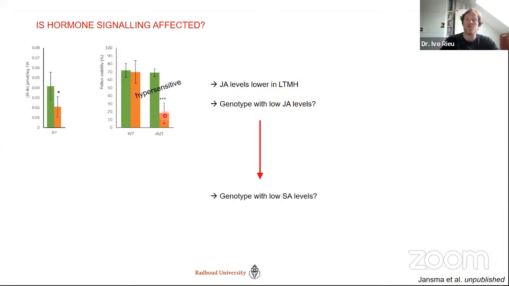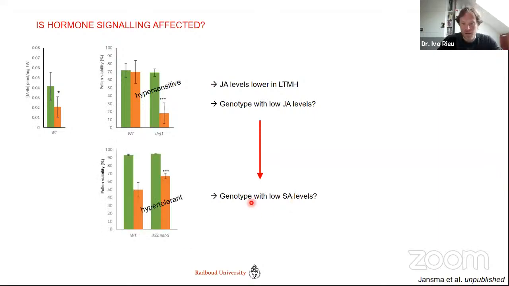So instead, we thought, well, maybe there are genotypes with higher jasmonic acid signals or levels, and we came up with this idea because it's well known from the defense field that jasmonic acid and salicylic acid are, let's say, working against each other. So if you have salicylic acid, it dampens the sensitivity to jasmonic acid. So we said, well, maybe if we have a plant with low salicylic acid levels, it is more sensitive to jasmonic acid, and maybe that does something with the pollen viability.